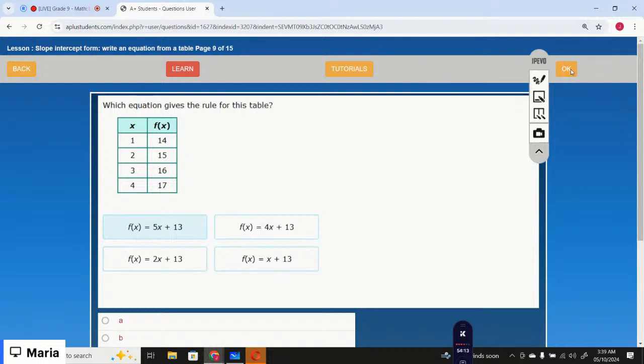Which equation gives the rule for this table? So which is the correct option? So which is the correct option?